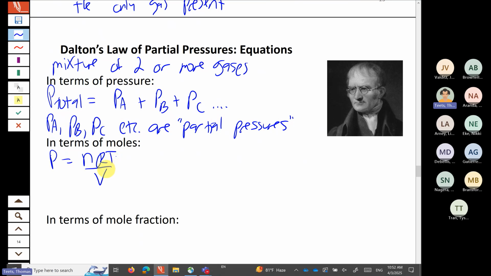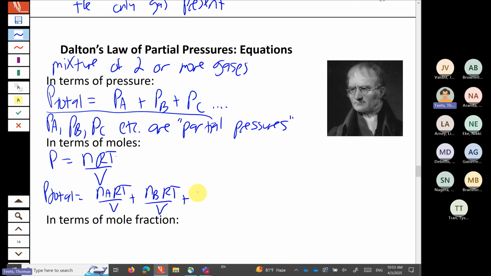And then that means the total pressure would be the number of moles of gas A times RT over V, plus the number of moles of B times RT over V, plus the number of moles of gas C times RT over V, and however many you have. We can factor out RT over V, and nA plus nB plus nC is just the total number of moles of gas.